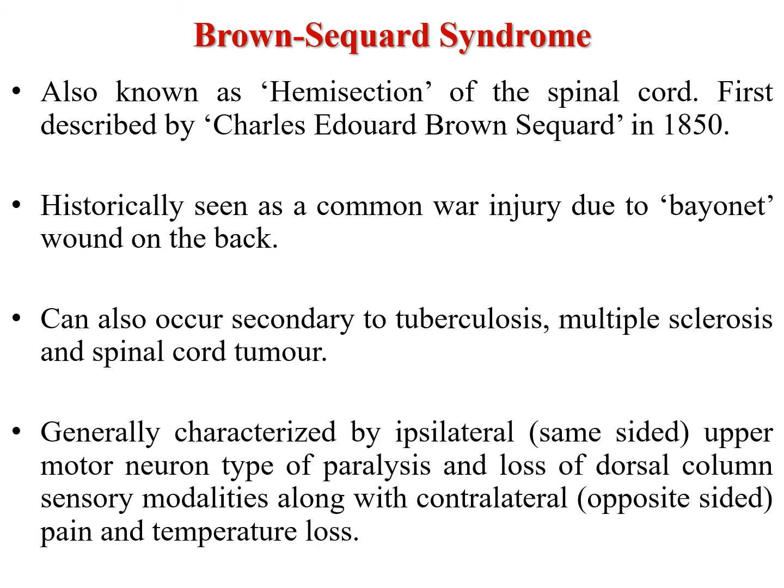The general characteristic of Brown-Sequard syndrome is that on the half that is transected, there will be ipsilateral upper motor neuron type of paralysis below the level of the transection, and also loss of dorsal column sensory modalities, while on the opposite side, that is the contralateral side, there will be loss of pain and temperature sensations due to cutting of the spinothalamic pathways.